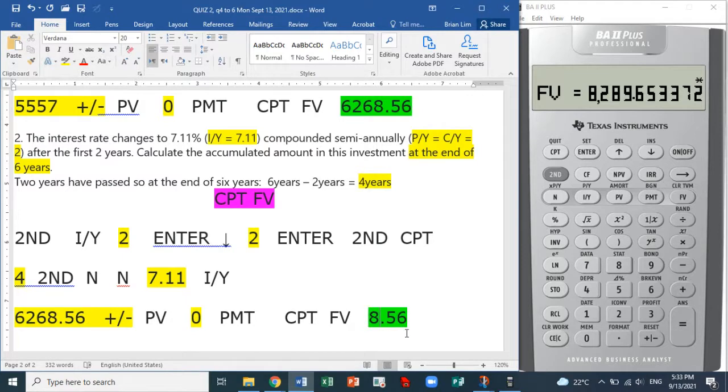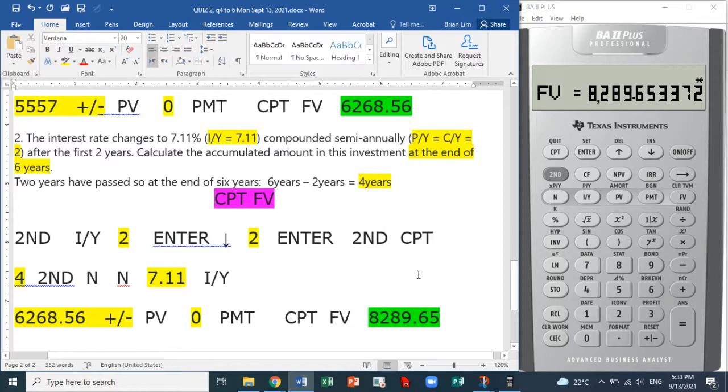Maybe we'll use the 8 and change it to 289, and then we get 0.65. All right, and that should be the correct answer. After 2 years, the accumulated amount in the investment at the end of 6 years.